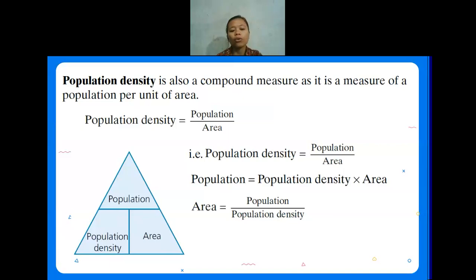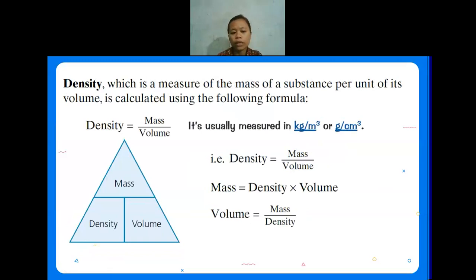Or if I want to find the population, I can multiply the population density with the area. And the last one is density, which is in physics. Density is mass divided by volume. So later, if I want to find the mass, it is density times volume. And if I want to find volume, it is mass divided by density. You can check the formula.